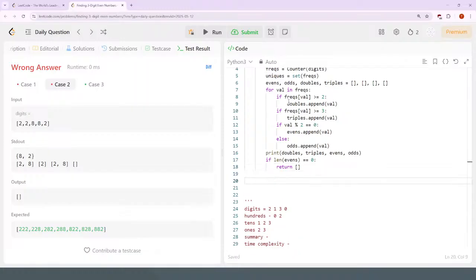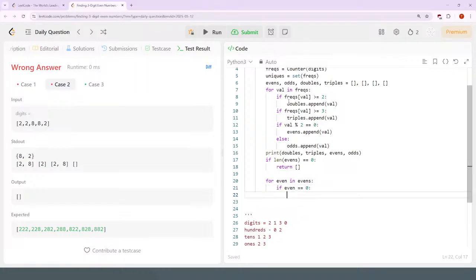Okay, so something like for every even in my evens, if the even is 0, just continue.